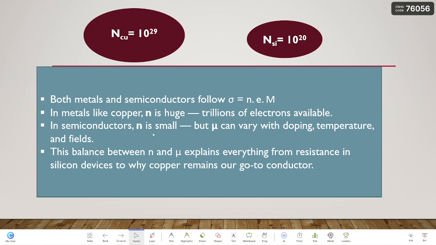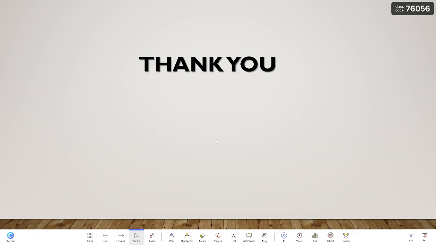In semiconductors, the free electrons are fewer, but mobility can change with doping, with temperature, and with the applied field. So this balance between free electrons and mobility explains everything from resistance in silicon devices to why copper remains our daily life conductor.